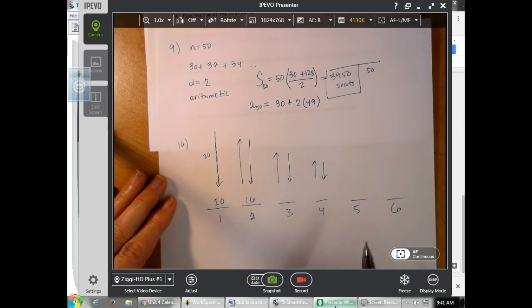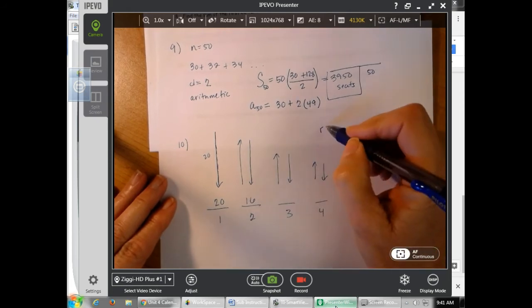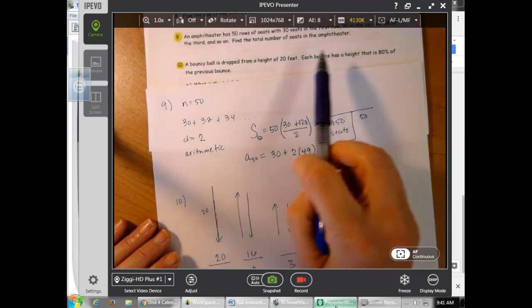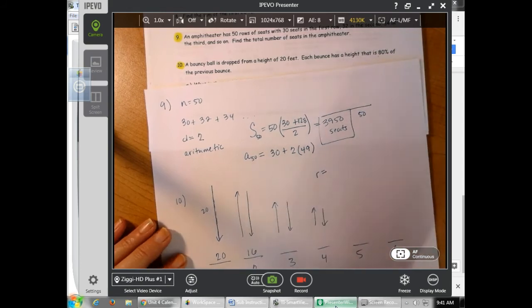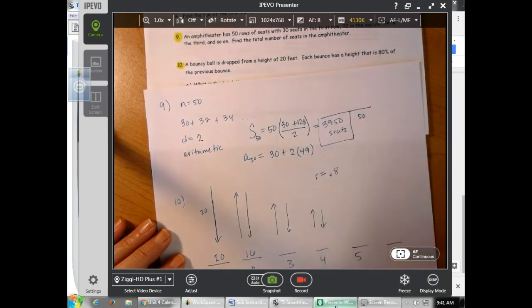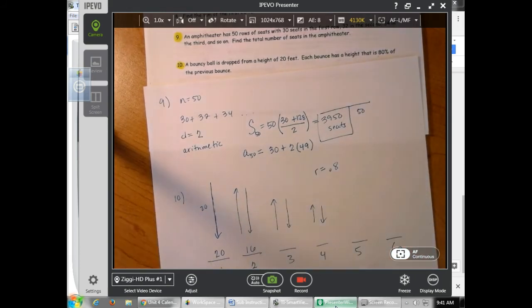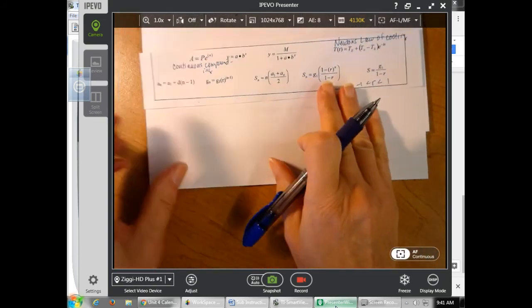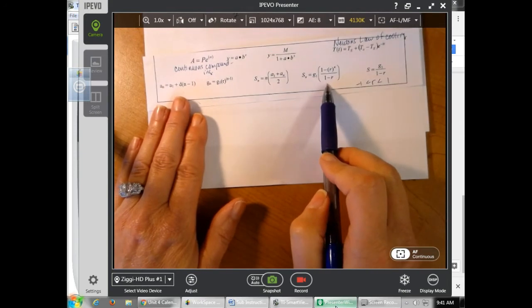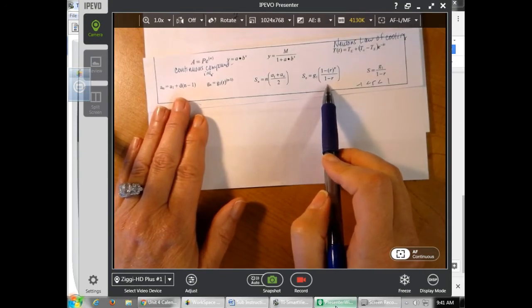So this is definitely going to be geometric, and my ratio is going to be, if it's going up 80% of the initial height, my ratio is just 0.8. Okay, so I'm going to keep 80%. So the formula I'm going to use for this is going to be this formula right here, because I'm summing through the 6th bounce.